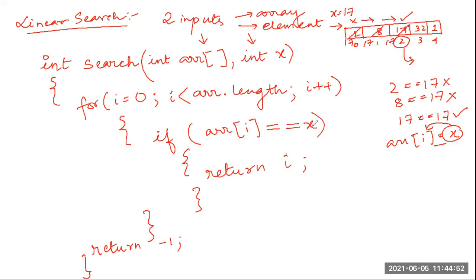If it is true, I return my location in the array where the element has been found. And if it is not true, I simply return -1 to indicate that I have not been able to find anything. Fine. Now this is the concept.